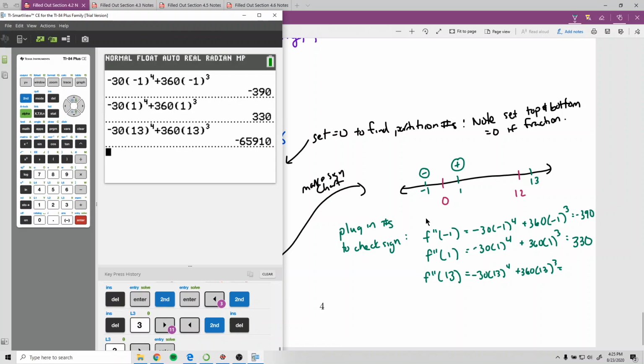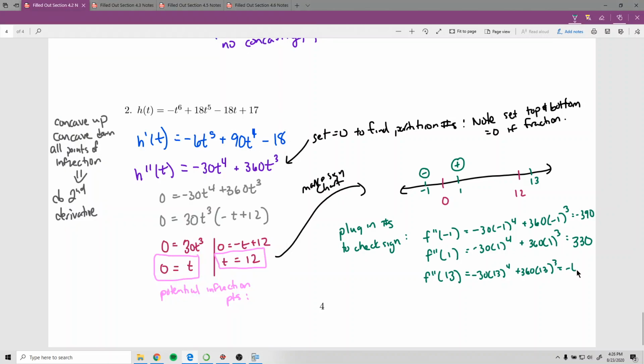And that is a very large negative number, negative 65,910. But it doesn't matter how big or small negative it is. What matters is that it is negative.